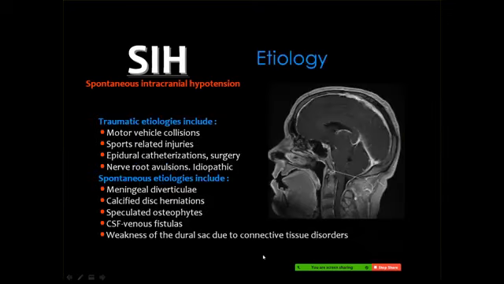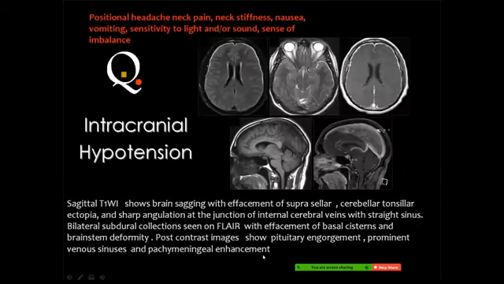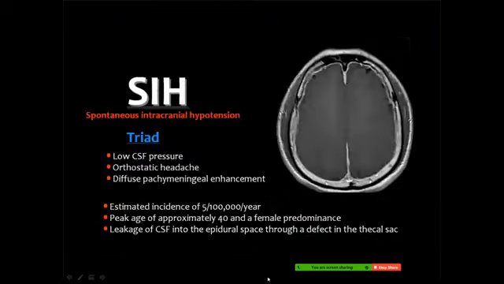Then if you go to the original case, you can see that the ventricles are attenuated. There is some subdural collection. There is obliteration of the cistern around the pons, and there is engorgement and enhancement of the sella and the pituitary gland, with acute angle between the internal cerebral veins and the straight sinus.